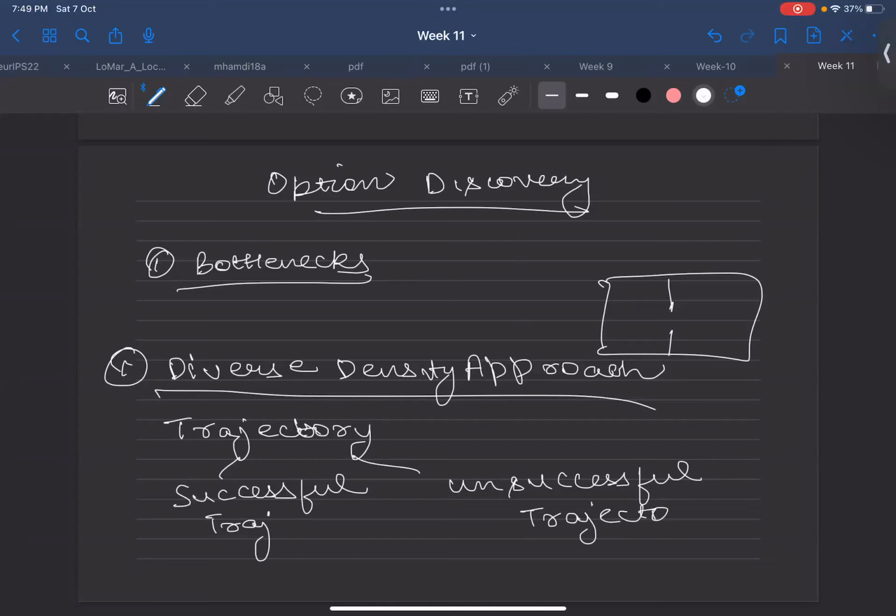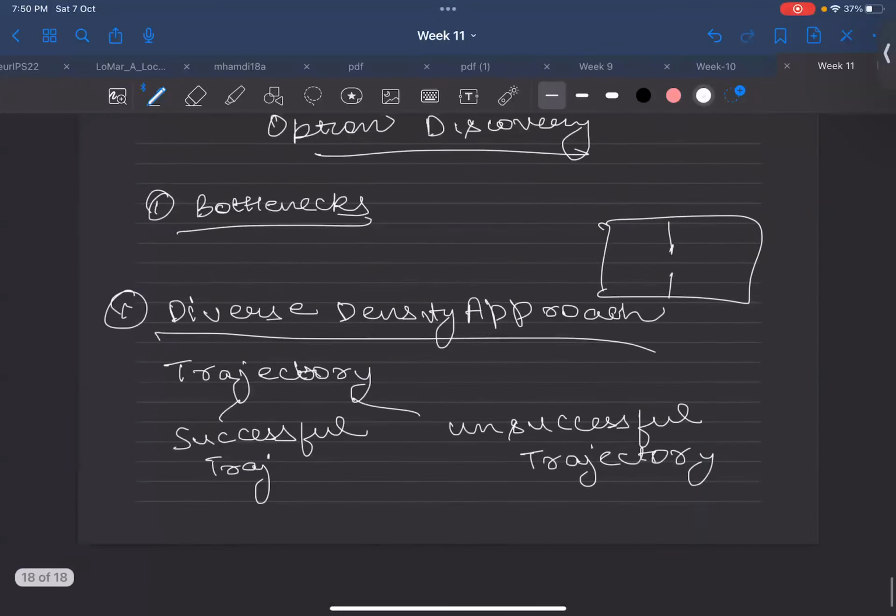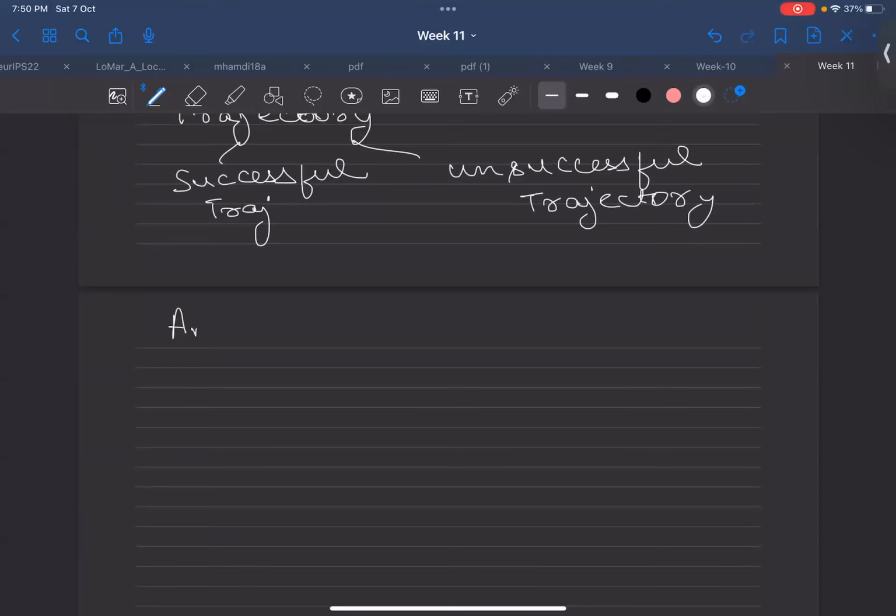Yes, a successful trajectory is the one which ends up in the goal state, where the agent has achieved its goal in the MDP. Where the agent failed to achieve the goal, can I say that is an unsuccessful trajectory? Yes. Now, coming to the next step in diverse density, we analyze the state frequency.